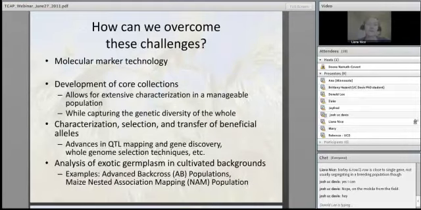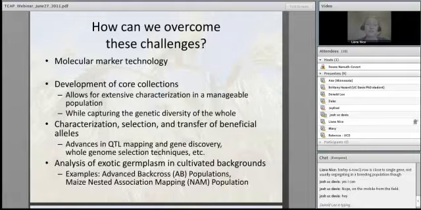So molecular marker technology has been a big piece of the puzzle in utilizing exotic germplasm. You can more accurately characterize populations. It will help develop core collections that will capture the genetic diversity of the whole collection in a smaller, more manageable section.